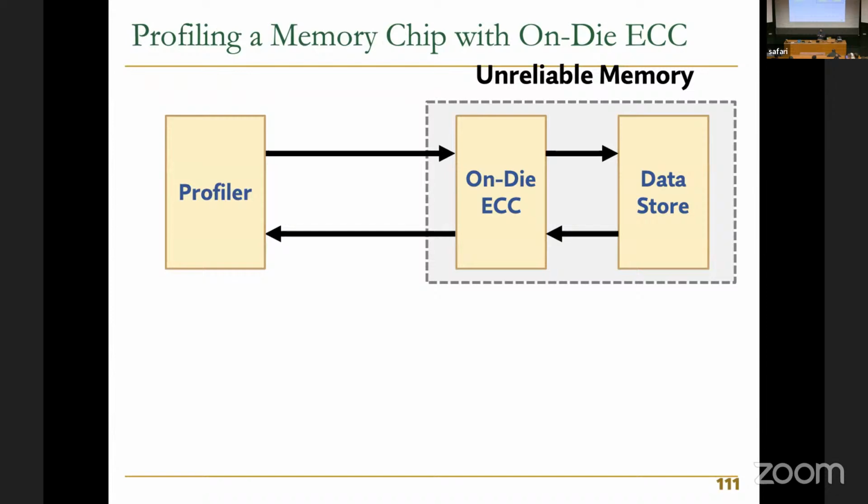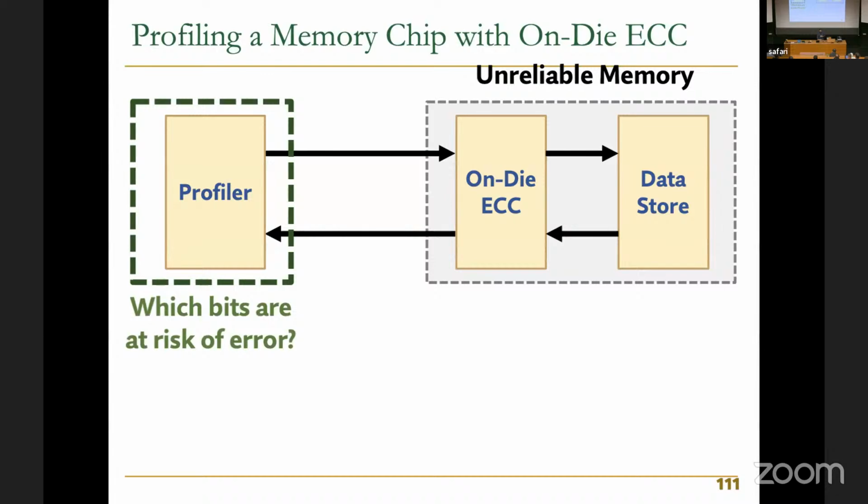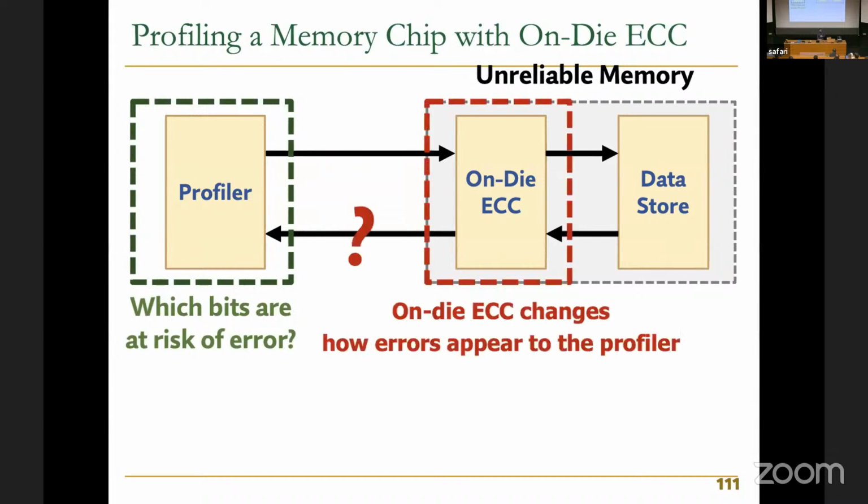So this is a cartoonish summary of that. You have some unreliable memory. Within it you have some arrays where you can store your data, and then there's some on-die error correcting code over there. And on the left you have profiling, right? So you want to understand which bits are at risk of error, but the on-die ECC changes how errors appear to the profiler.